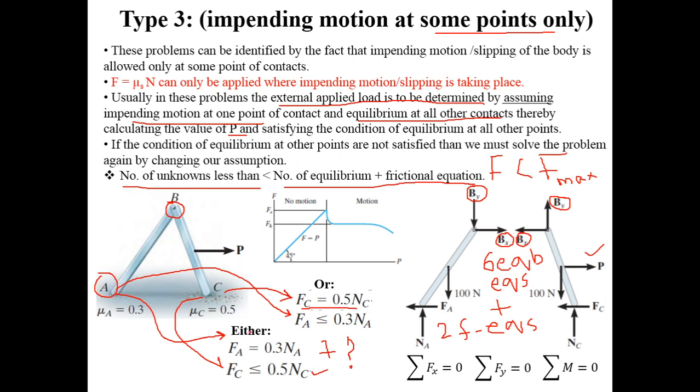So if A remains in equilibrium, then the friction force at A must be less than the maximum friction force at A, which is the coefficient of friction at A multiplied by NA. And then again you will calculate the value of P. So if in this case this inequality is satisfied, then the value of P will be correct.